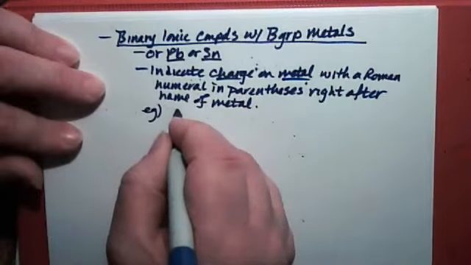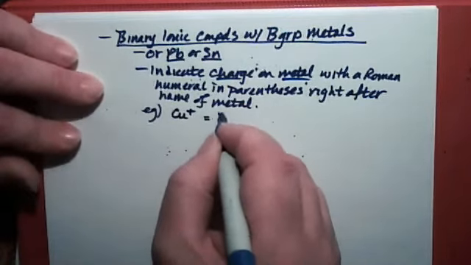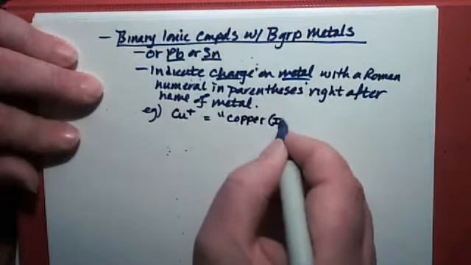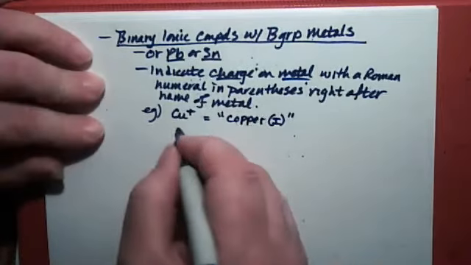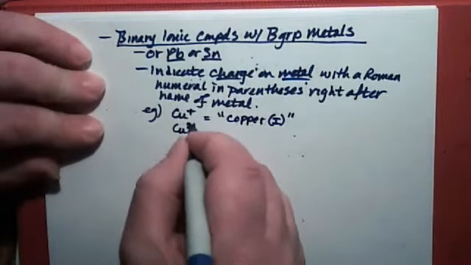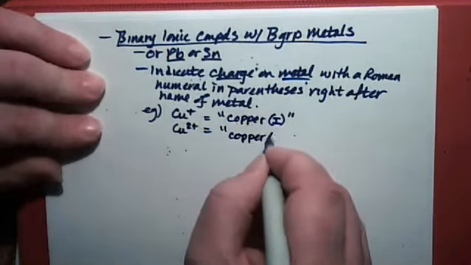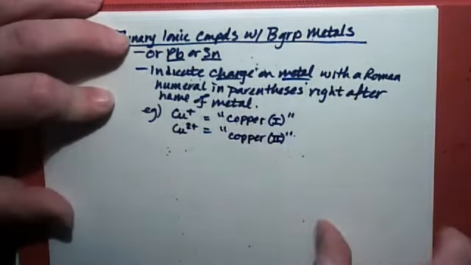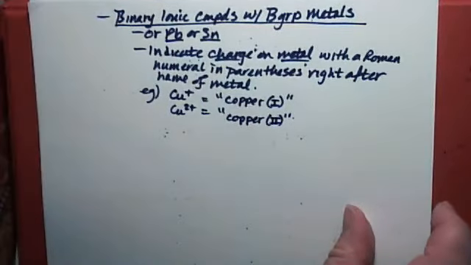So copper with a +1 charge would be named copper with a Roman numeral 1 in parentheses, copper(I). Copper with a +2 charge would be named copper Roman numeral 2 in parentheses. And there's a list on page 90 at the bottom.